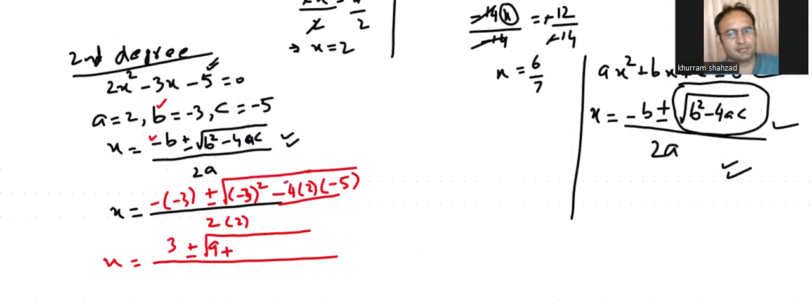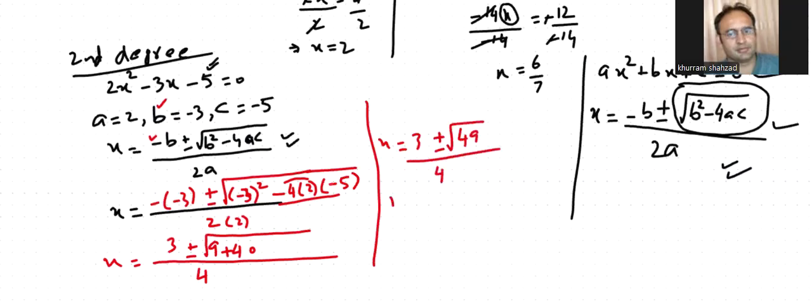And 8, 5 times 40, so divided by 4. So what next? X is equal to 3 plus minus 49 divided by 4. So x is equal to 3 plus minus square root of 7, and then divided by 4.